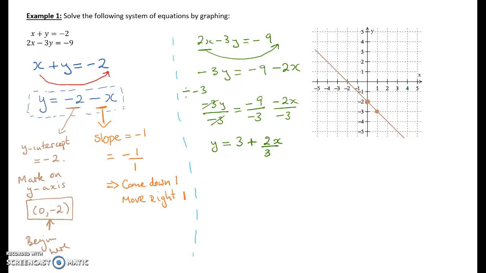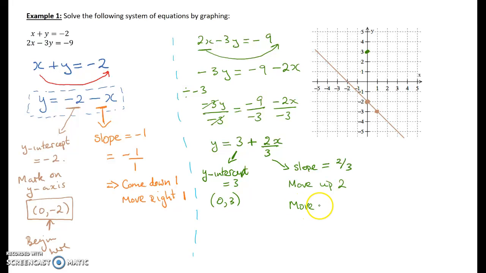Okay, so once again, the bit that goes with the x, that's your slope. So your slope is 2/3, and the number on its own is the y-intercept. So the y-intercept, which is 3, or rather 0, 3, we'll mark that here. 0, 3 is right here. And then the slope. The number on top is the rise, so move up 2, and move right 3.